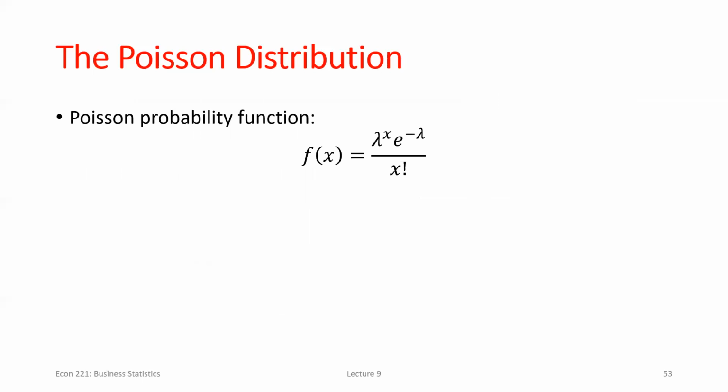Lambda is going to be the average number of successes that we typically see over this time interval. So we're going to have to be given lambda. You'll be told what the average number of successes is over that time interval, and you want to know the probability that you see the number of successes you're interested in.